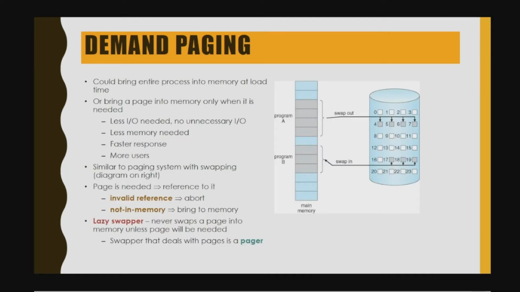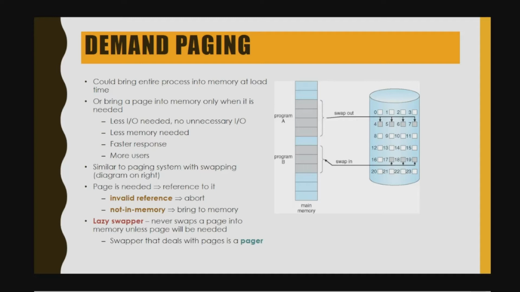Okay, next is about demand paging. In demand paging, we could bring the entire process into memory at load time, or bring a page into memory only when it is needed. So less input output is needed, with no unnecessary input output that interrupts the process.